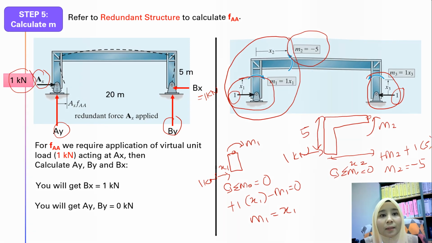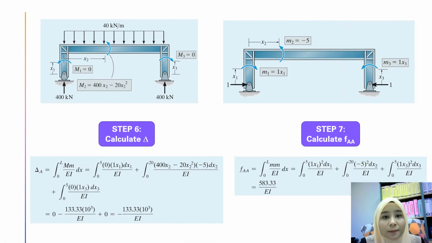Then step number 6, you need to calculate delta. The formula is this one. From 0 to L; for x1 it is 0 to 5. This is x1, 0 to 5, 5 meter. This is 20 meter. And this is 5 meter.